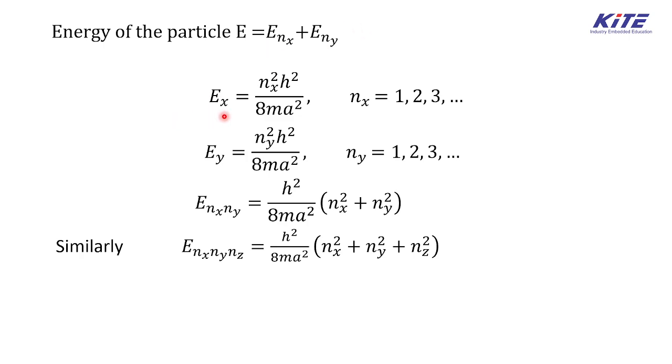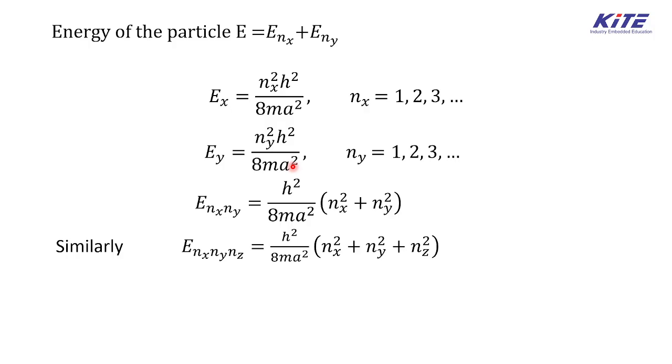Already we know that Enx is equal to nx squared h squared divided by 8m a squared. Here the quantum number nx is equal to 1, 2, 3, and the same for the y axis. So Ey is equal to ny squared h squared divided by 8m b squared.